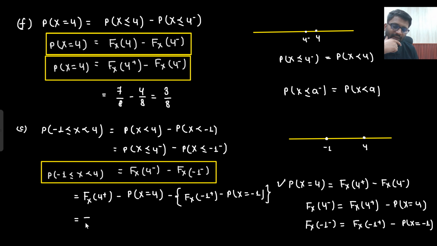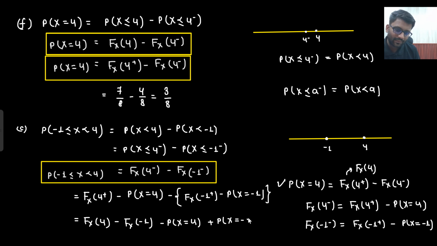So what you are getting? Fx of 4 plus, which can be written as fx of 4, because fx of a plus is equal to fx of a. So this can be written as fx of 4 minus fx of minus 1 minus probability of x equal to 4 plus probability of x equal to minus 1.